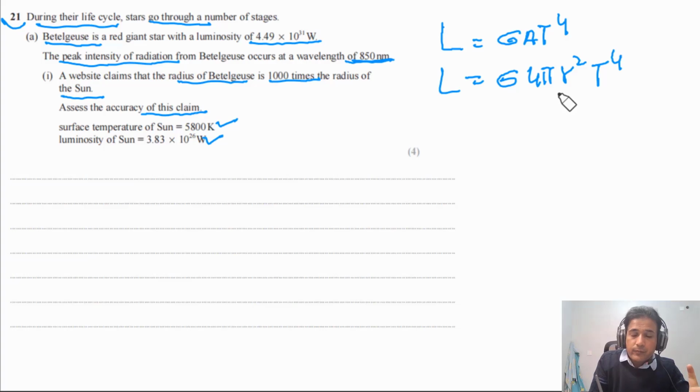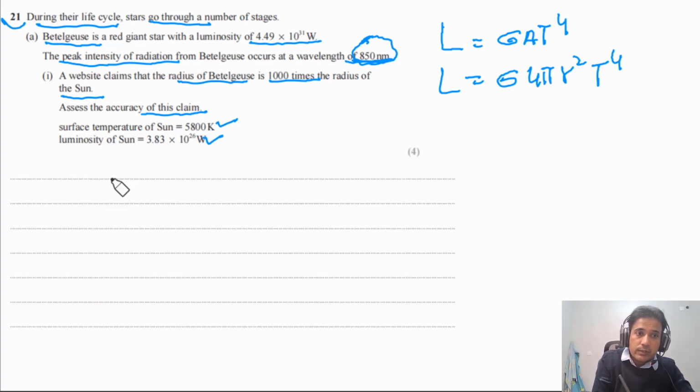Now for Betelgeuse, we don't have its radius, and we don't have its temperature. So first of all we need to calculate its temperature, because we have the wavelength of peak intensity. So we can use Wien's displacement law.